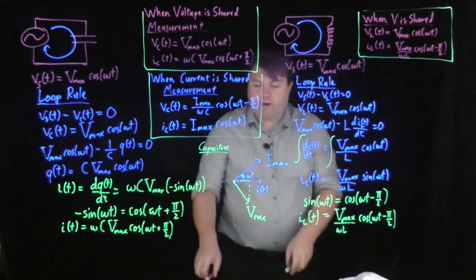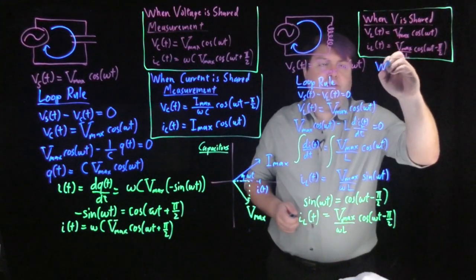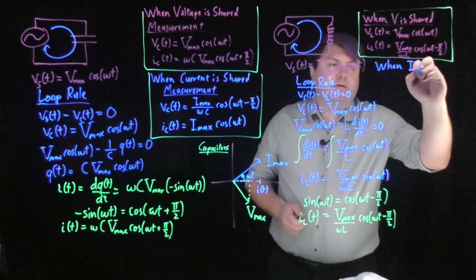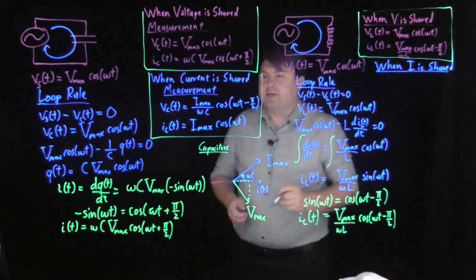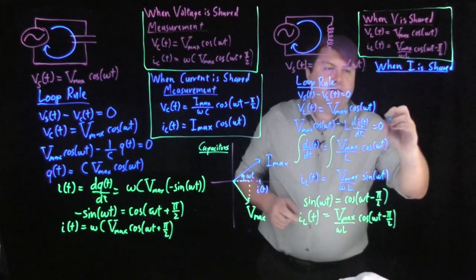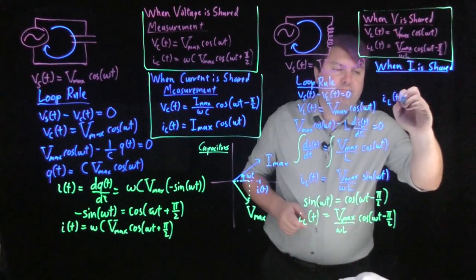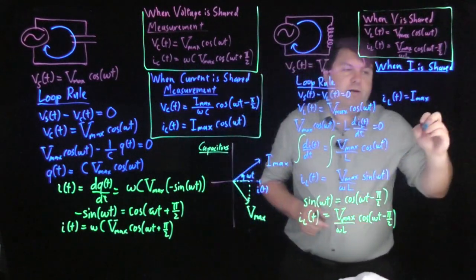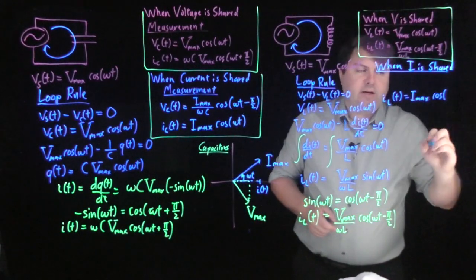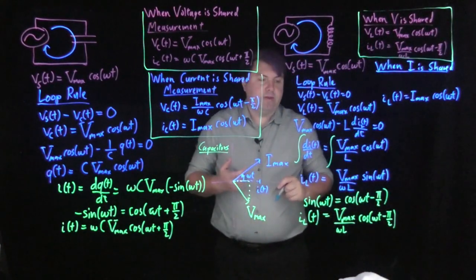But then we also want to consider what happens when the current is the shared measurement. So when our current is the shared measurement, we're going to continue with this: current L as a function of time is equal to the maximum current, and then cosine, we are going to say the phase of the current is 0, cosine omega t.